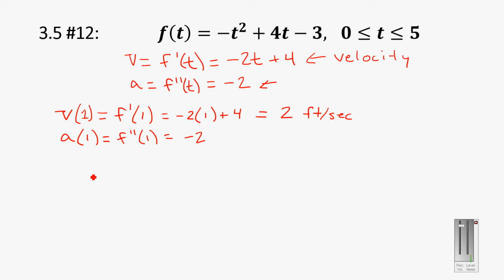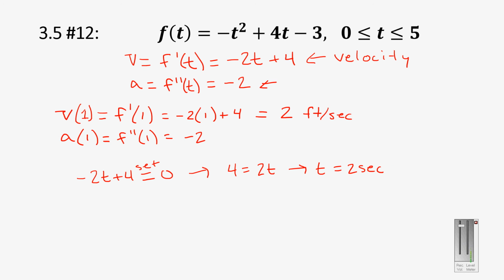What t is going to give me 0? So I take negative 2t plus 4, and I set that equal to 0. And so in this case, I get 4 equals 2t, and t equals 2 seconds. So at time 2 is when the velocity is going to be 0.